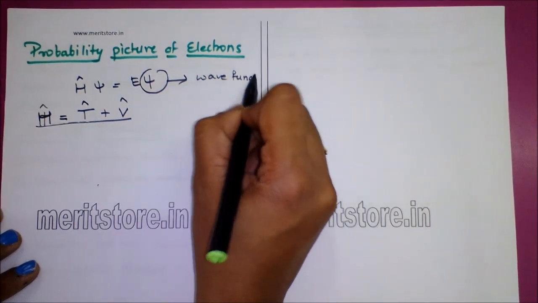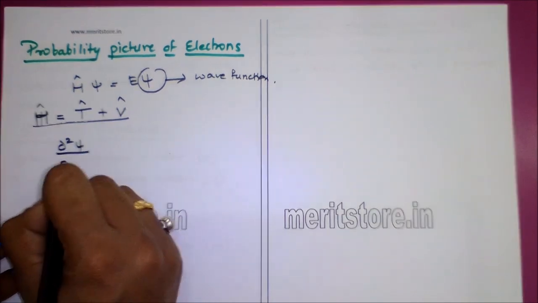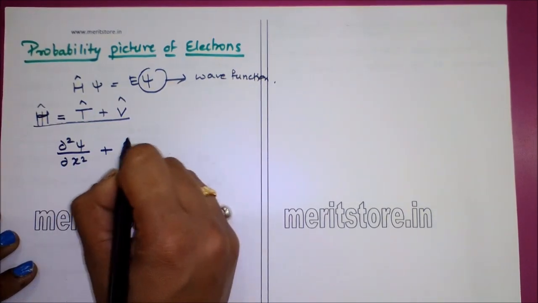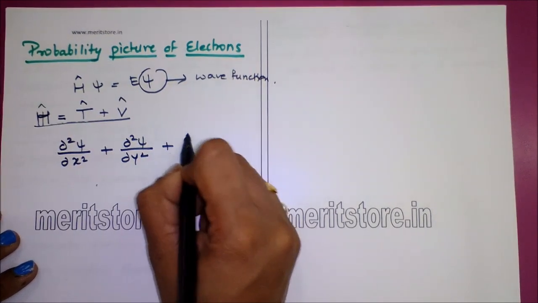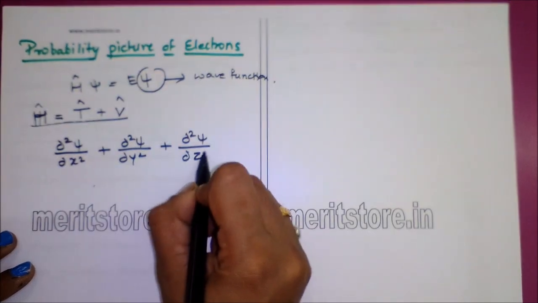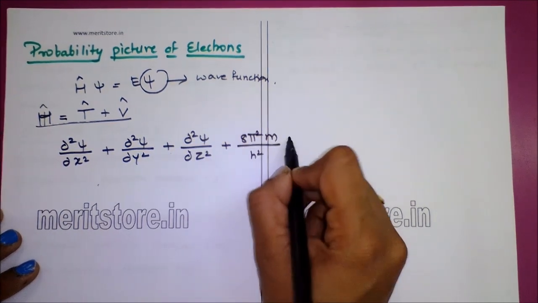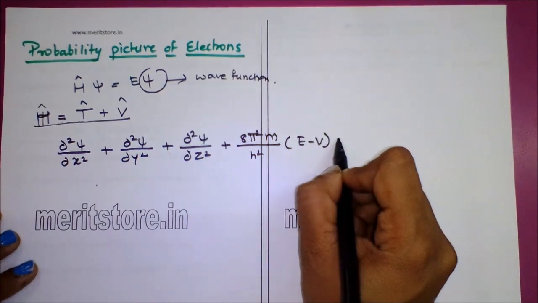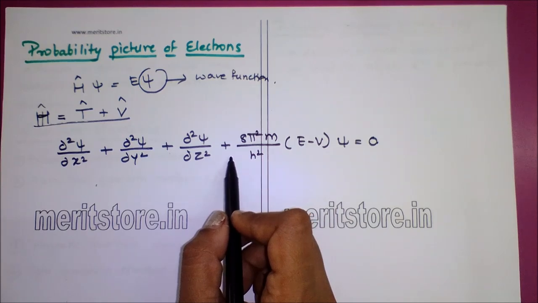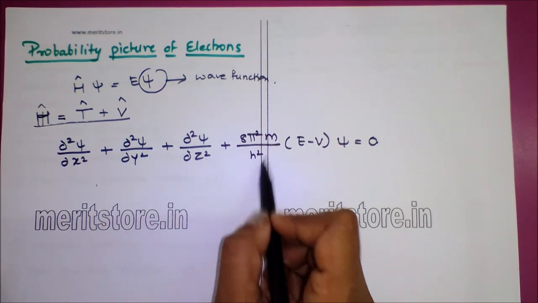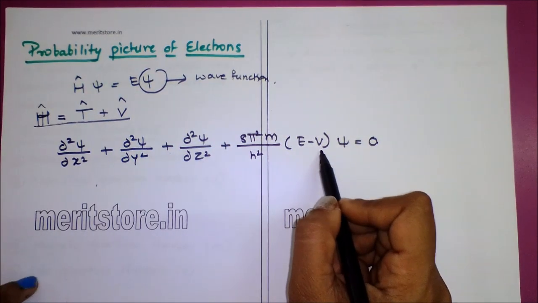We can also write the Schrodinger equation as del square psi upon del x square plus del square psi upon del y square plus del square psi upon del z square plus 8 pi square m upon h square into (E minus V) psi equals 0, where x, y, z are the three space coordinates, m is the mass of the electron, h is Planck's constant, E is the total energy, and V is the potential energy of the electron.